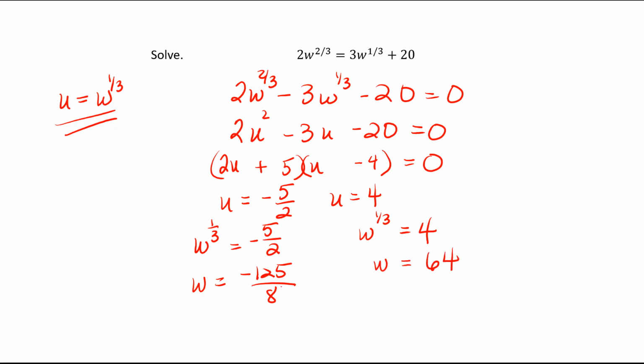So if I put these values back into the original equation, let's see what happens. I'm going to put negative 125 over 8 in for w, so 2 times negative 125 over 8 to the 2/3 power equals 3 times negative 125 over 8 to the 1/3 power plus 20.